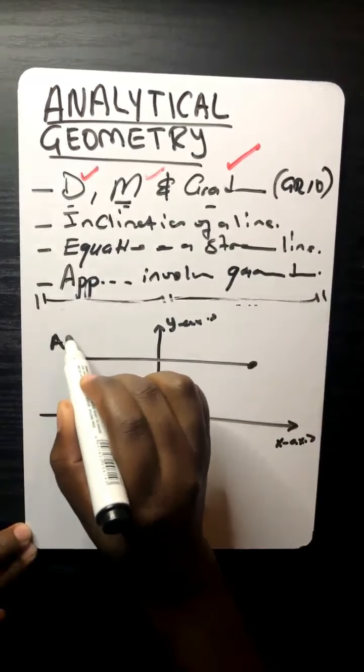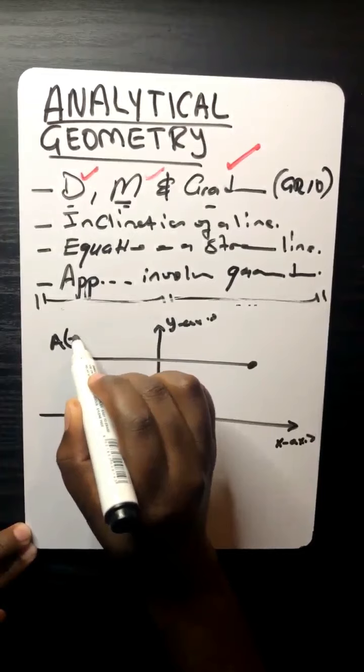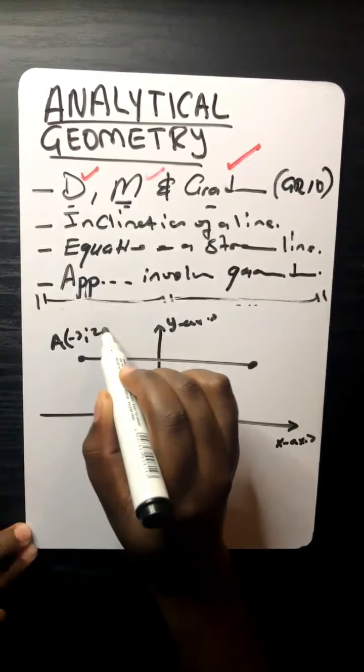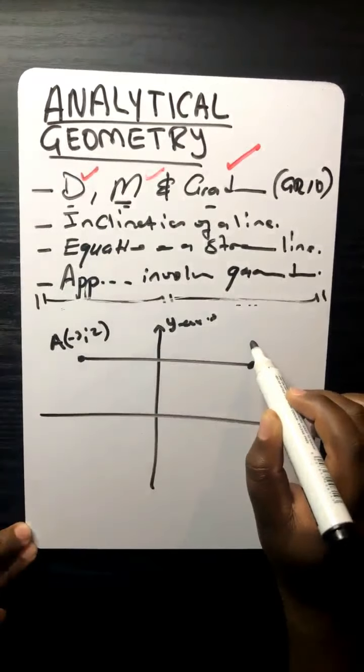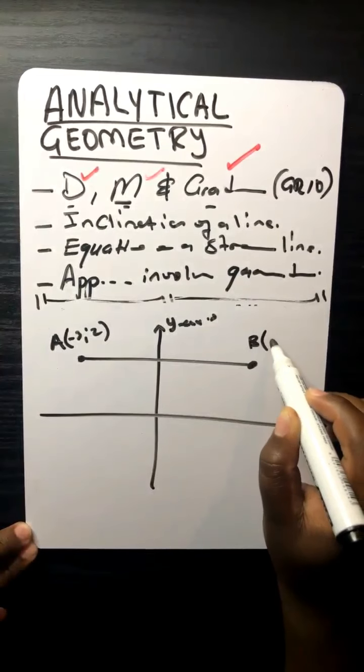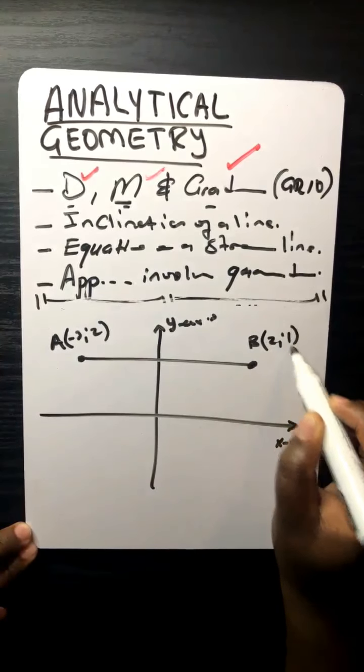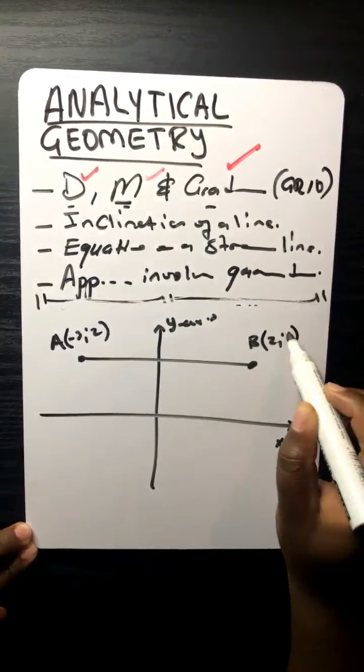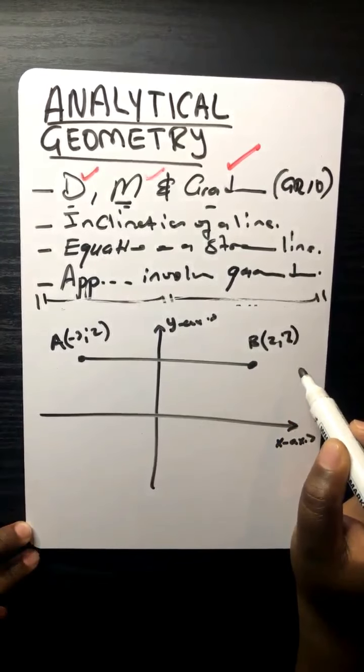functions. So let's say over there we've got point A, which is -2, and then we've got that over there. Let's say we have B, which is 2, and then we have, no, it's also 2, so it's 2 and 2.